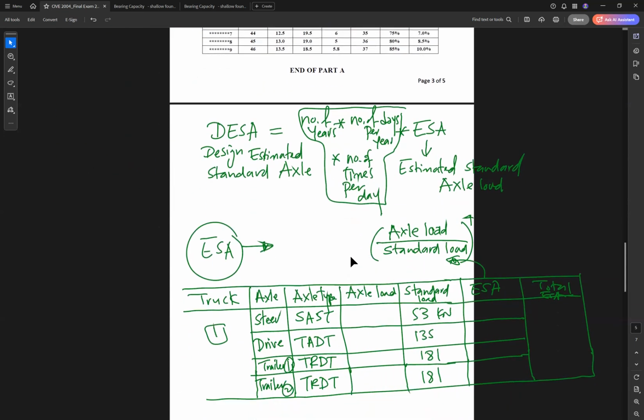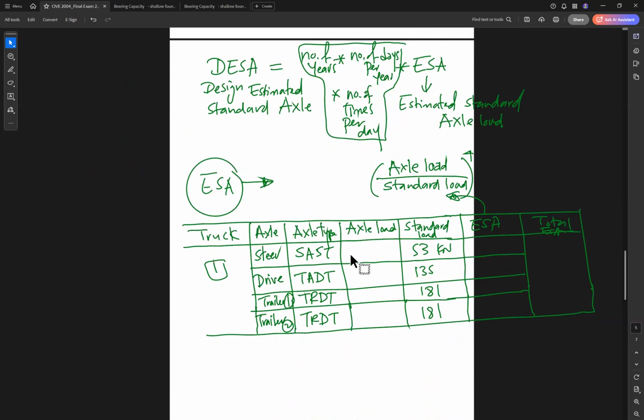So actually there is an easier way to do it. But anyway, I will put here 0.7 times 53, 0.7 times 135, 0.7 times 181. You don't need to find the ESA like this, because what is ESA?